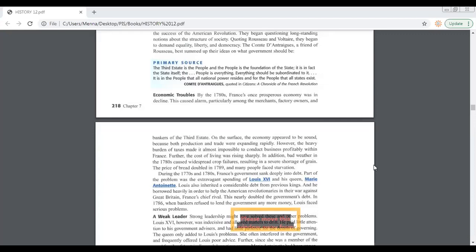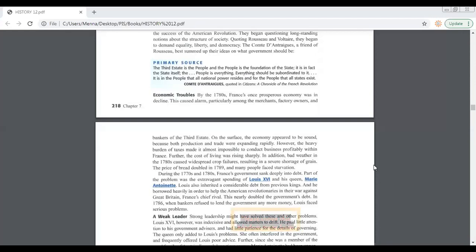So the crops were only a little, and again their prices started to increase. The fourth reason was that due to all of the above, starvation started to happen. So we have four economic reasons.